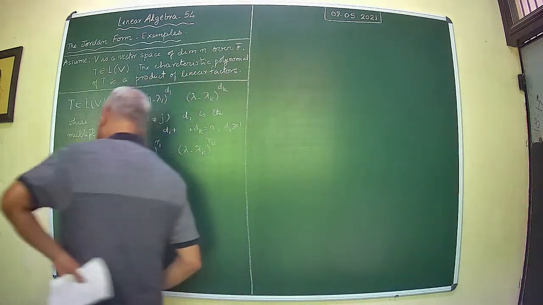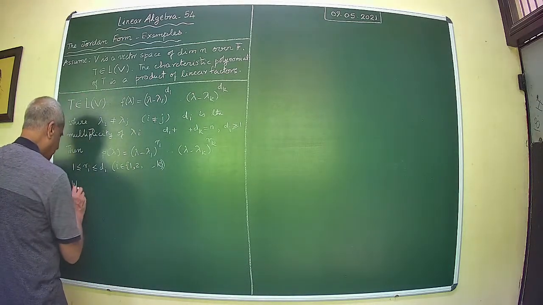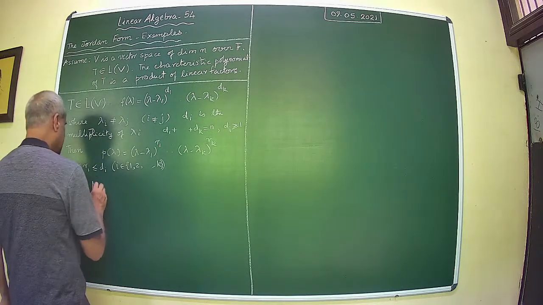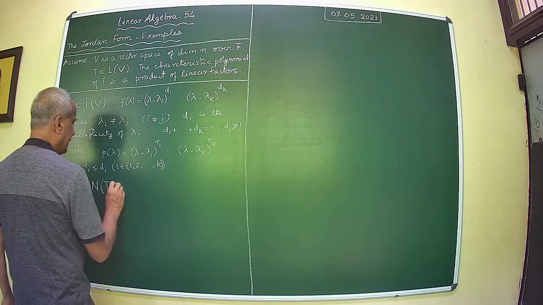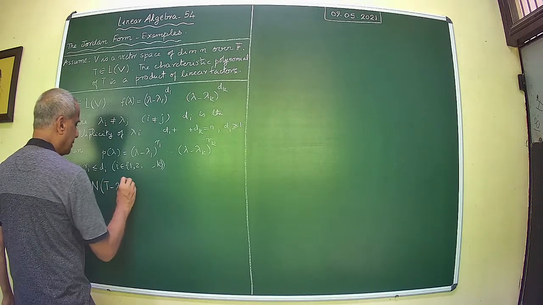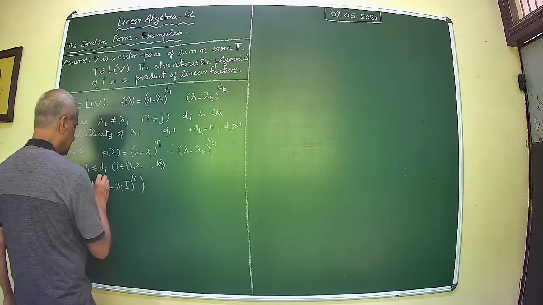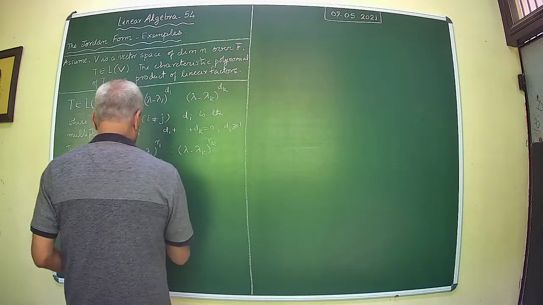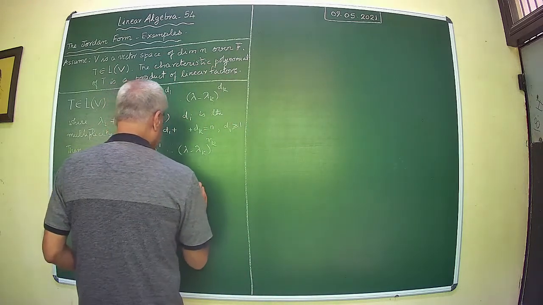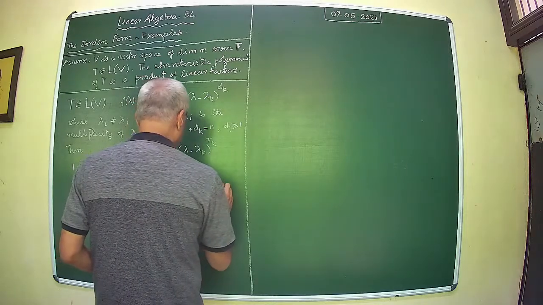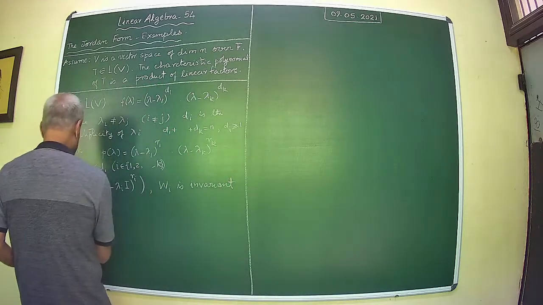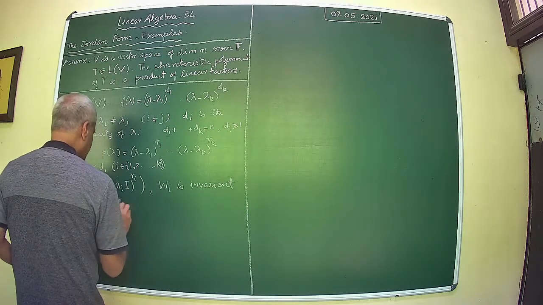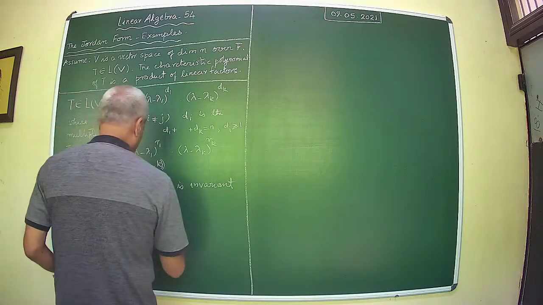Then what we have seen is that if we define Wi as the null space of T minus lambda i I to the power Ri, this is the primary decomposition theorem. Wi is invariant under T, and V has a breakup into the direct sum of W1 to Wk.